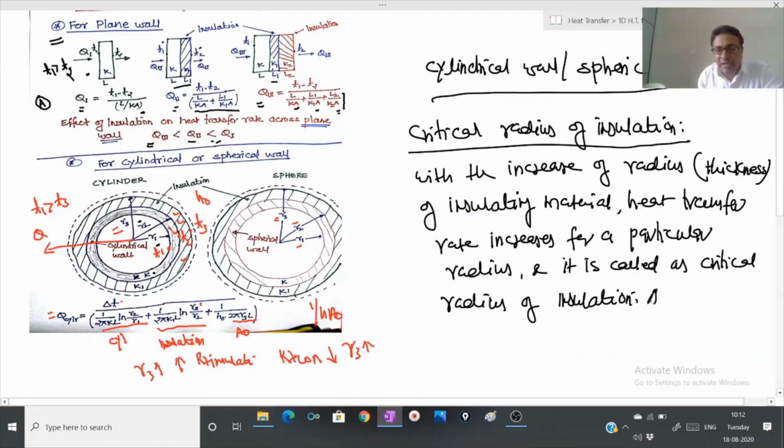So what I can write here: at critical radius, heat transfer rate is at maximum.